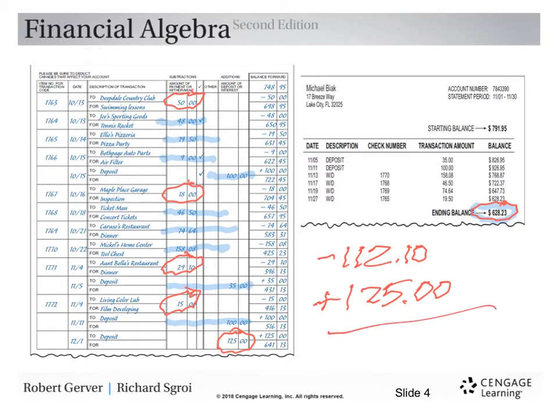I get $641.13. And that is the amount we've got over here. So therefore, we have reconciled this bank statement, and there are no errors.